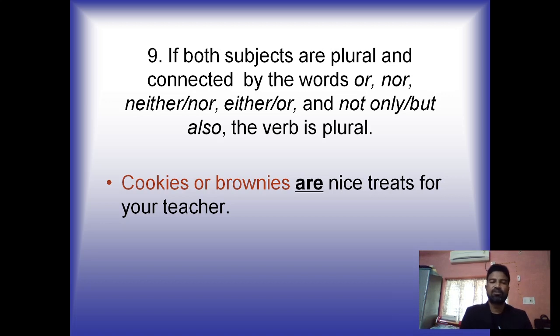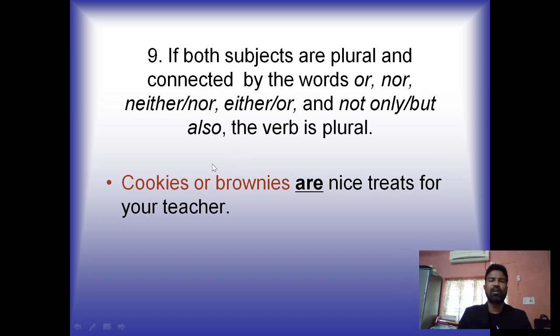Students plural, teachers plural. Therefore, when they are connected with either or, neither nor, we always use a plural verb. For example, neither cookies nor brownies are a nice treat for your teacher. Not only cookies but also brownies are a nice treat for your teacher.